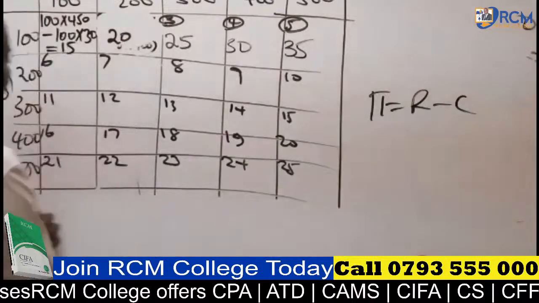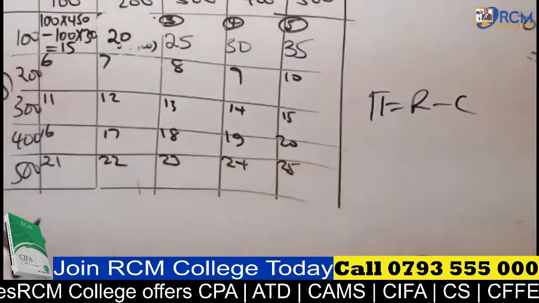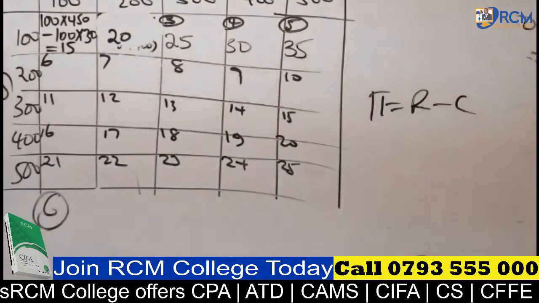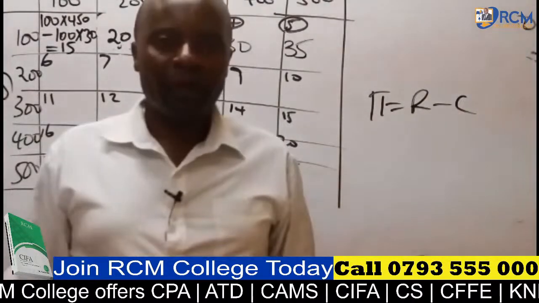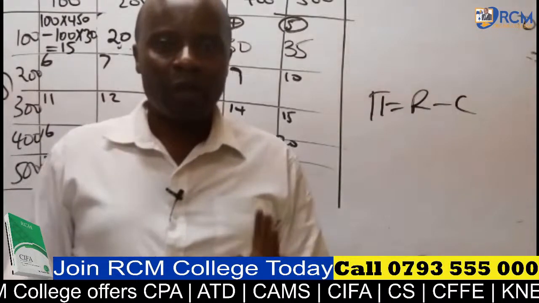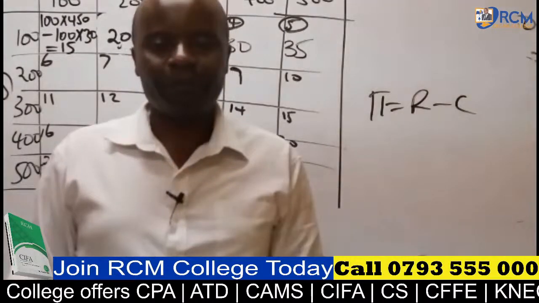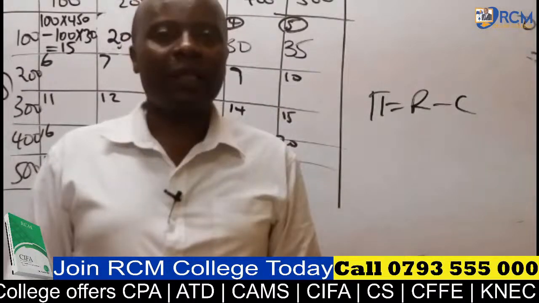For cell number 6, ladies and gentlemen, I go to the market with 10 pieces, and then I get like 2 people wanting to buy.